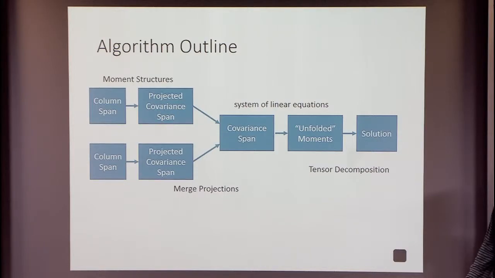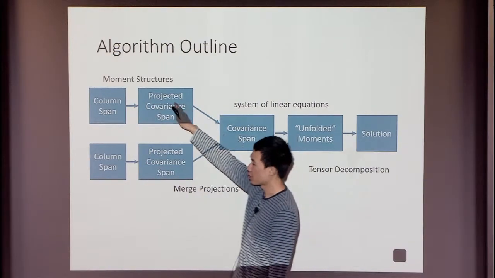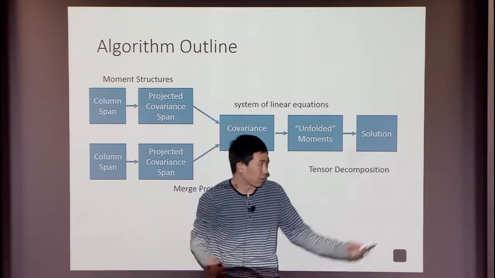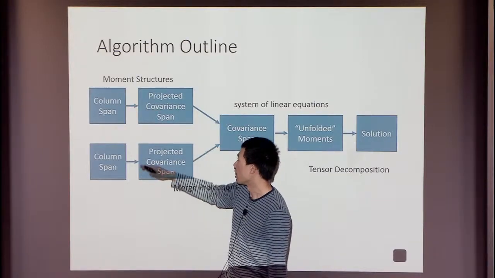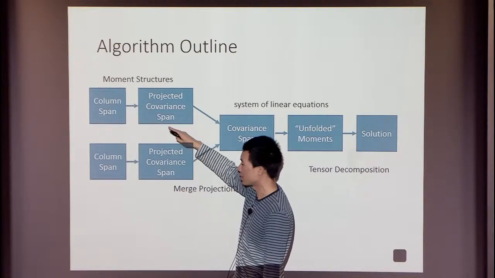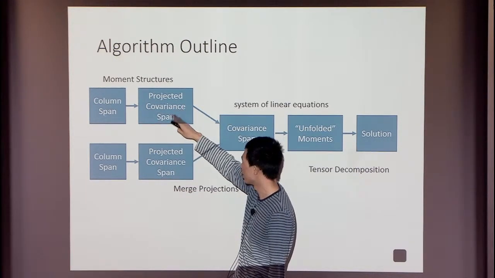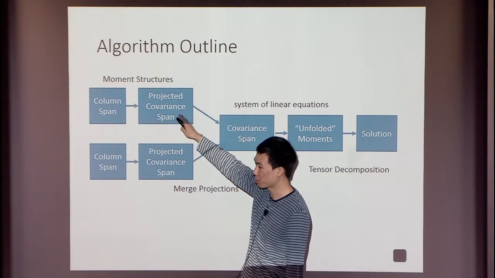So here's the algorithm, at least at the end. Using moment structures, we can first find the span of columns over there. And if we project to the orthogonal subspace of that, we can use the 2D slices to get the span of the covariance matrices in this subspace.